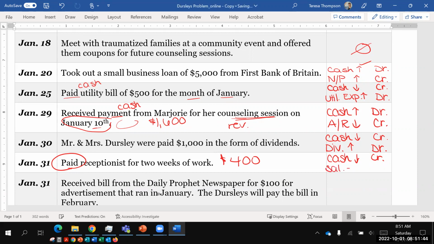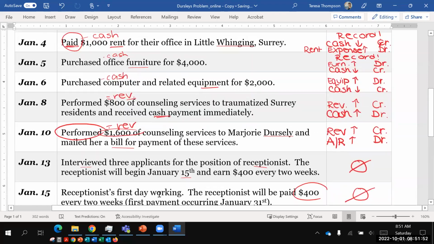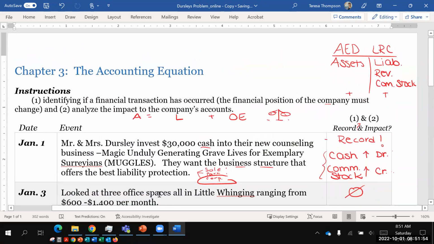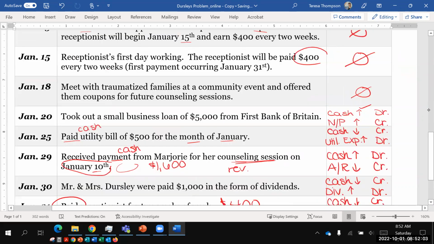Let's do salaries, because they didn't tell us her hourly rate after all. And expenses have a normal debit balance. So what that one looks like, such a good review. Equity goes down by 400 and cash goes down by 400. Same values on both sides, negative 400.